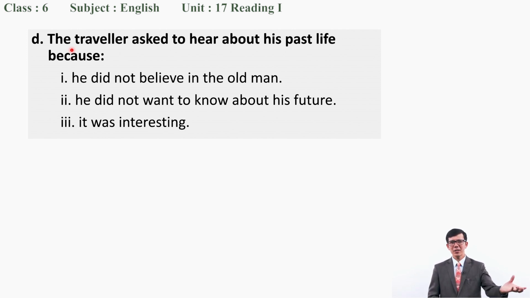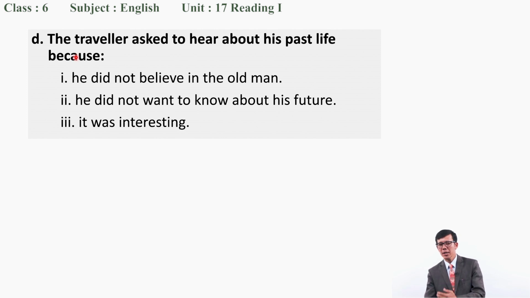Because the situation of the old man was not good, wearing ragged clothes, his condition was not good, but he was trying to tell his future. And here the traveler asks to hear about his past life.